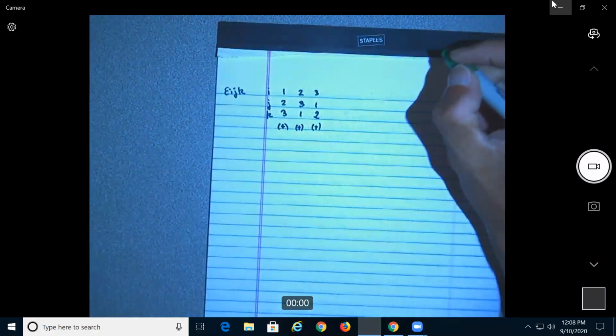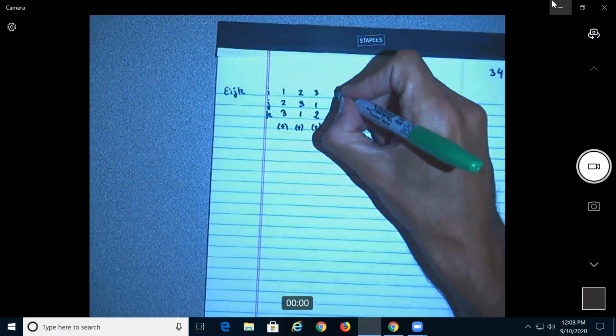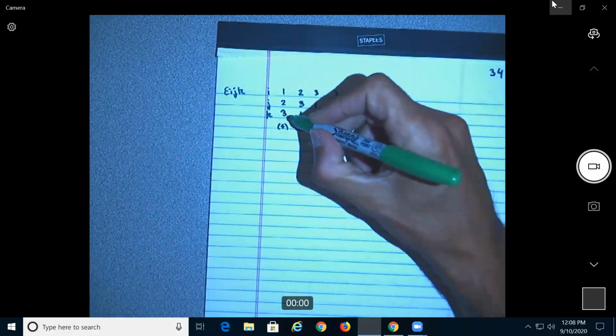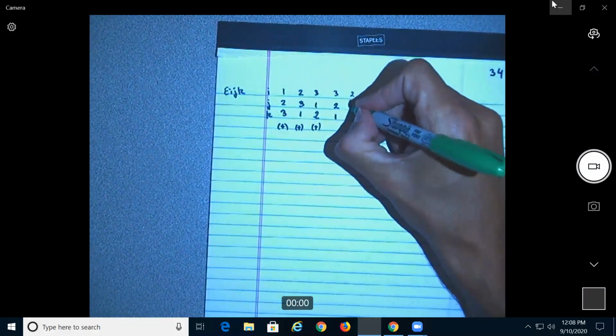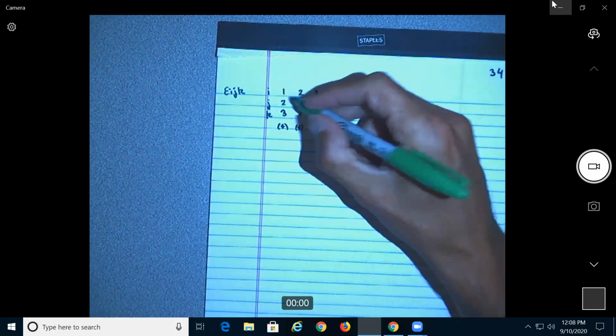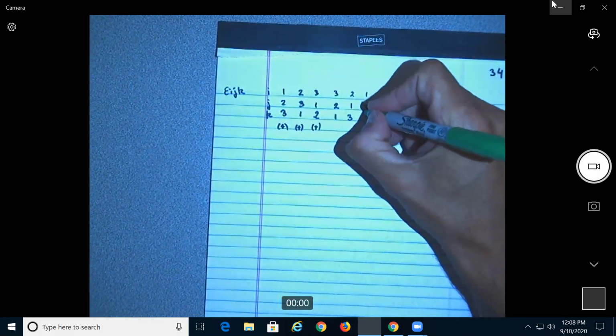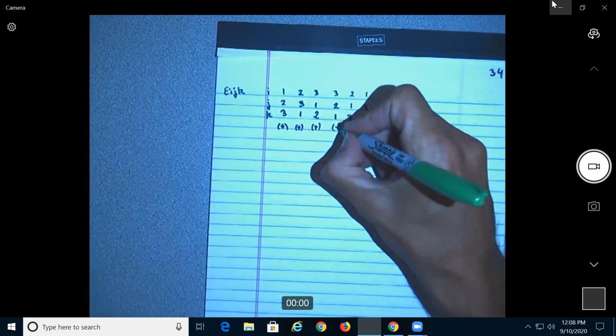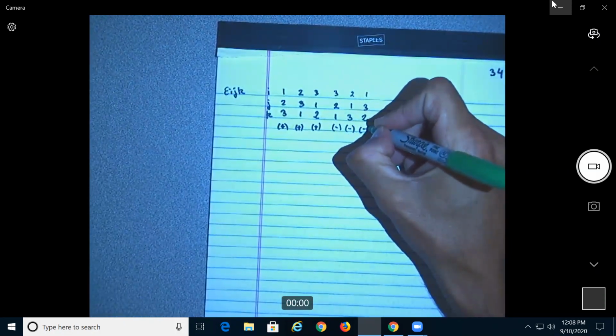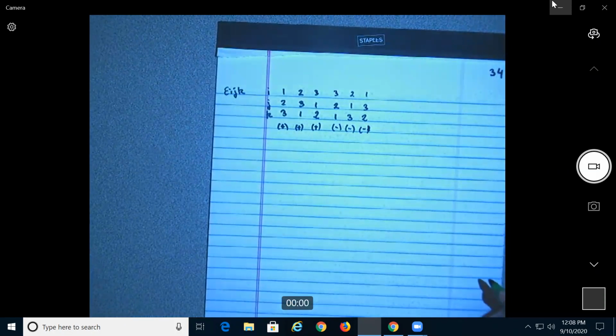And the other case will be in reverse, 3, 2, 1, 2, 1, 3, 1, 3, 2 will be negative.